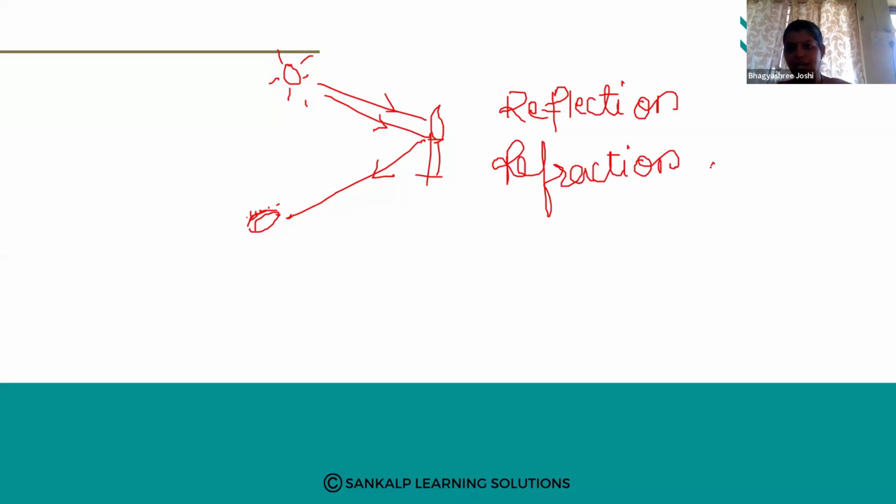So in this chapter, we are going to study reflection and refraction. We have already learned this chapter, so we will just revise it and solve some multiple choice, 2, 3, 4 marks questions. In reflection, we are going to study reflection in the mirrors.